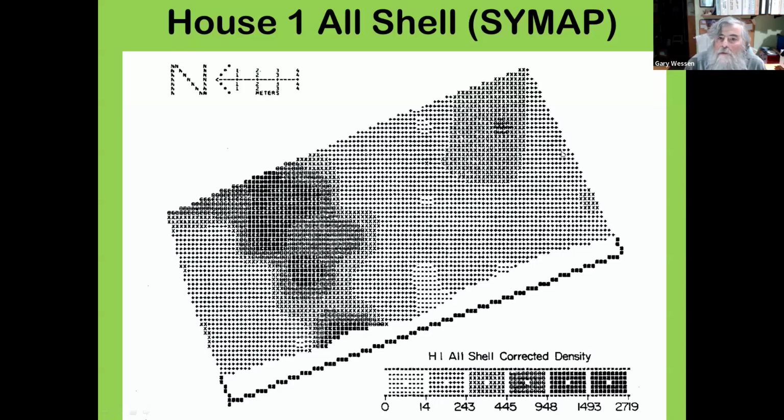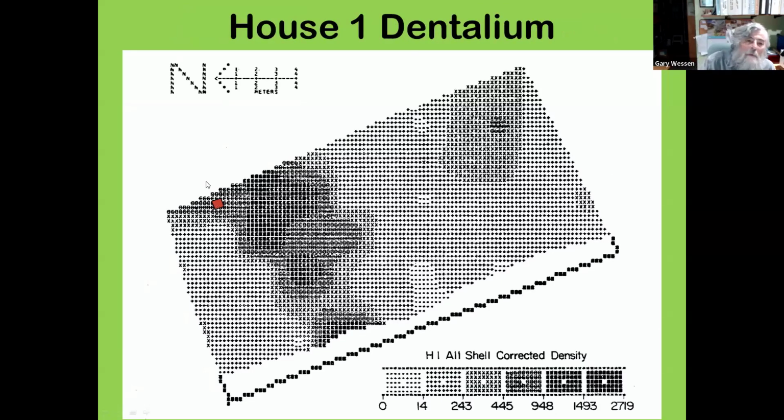And a lot of the internal feasting probably went on near his area, which is why we have these higher densities. And in fact, right here in that back corner is almost all the dentalium in house one. There was obviously a giant string of dentalium. Hundreds of pieces were hanging on the wall right back in there, and it collapsed. So this is a really high status situation here.